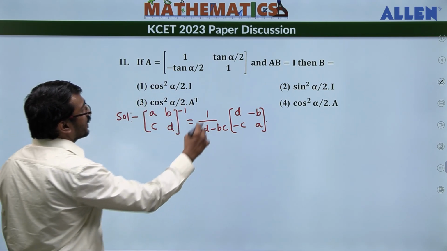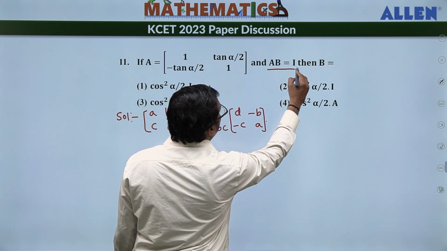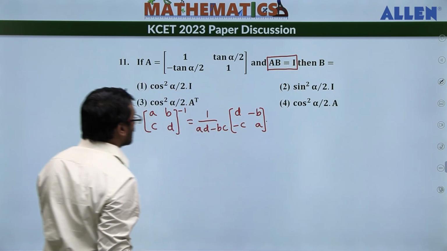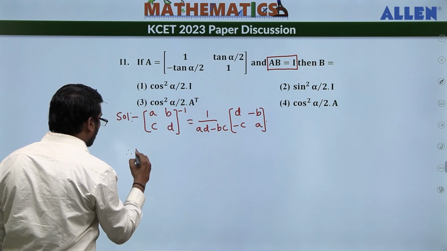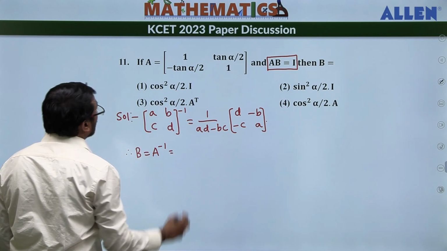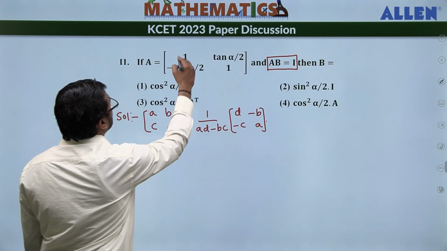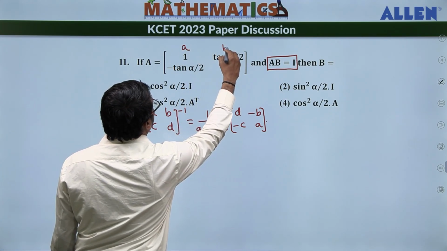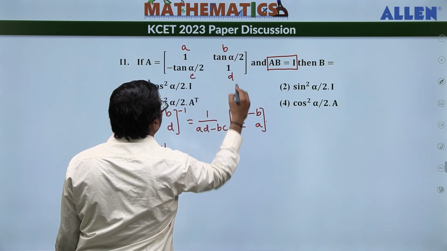So AB is equal to I. So what is B? A inverse. So this is A, B, C, D, AD minus BC.